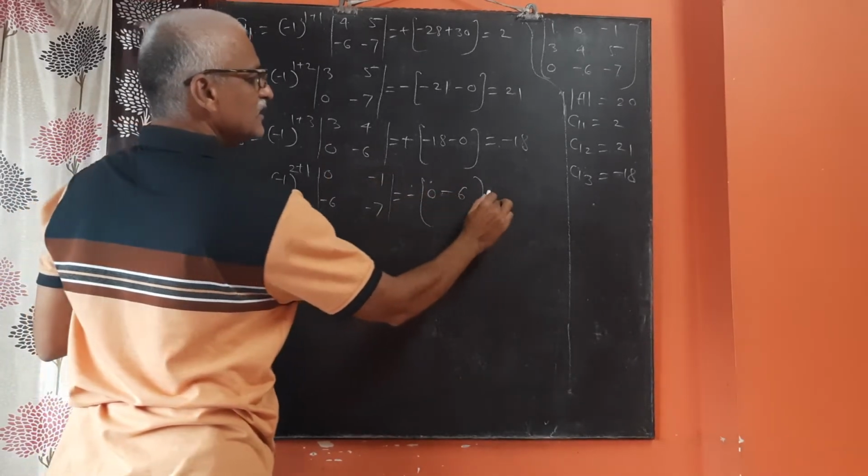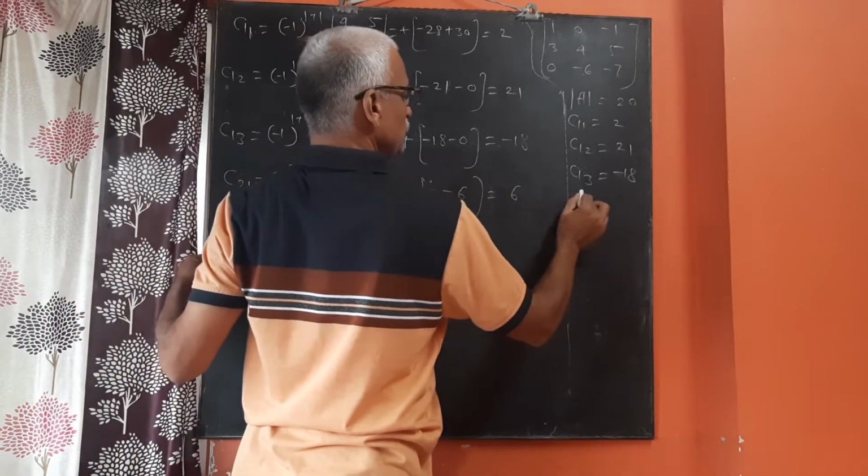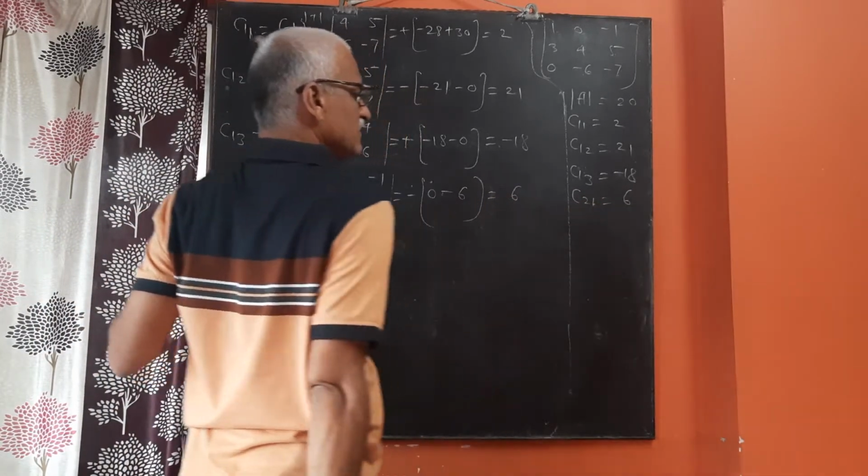Now minus of minus, that is equal to 6. So C21 is equal to 6.